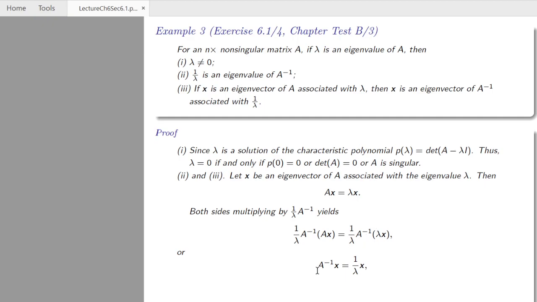So we got this form: the inverse of A times x equals 1 over lambda times x. Recall, x is non-zero. From this equation, by the definition, 1 over lambda is an eigenvalue for this matrix A inverse, and x is an eigenvector associated with this eigenvalue 1 over lambda. So we proved both the second and the third statement.